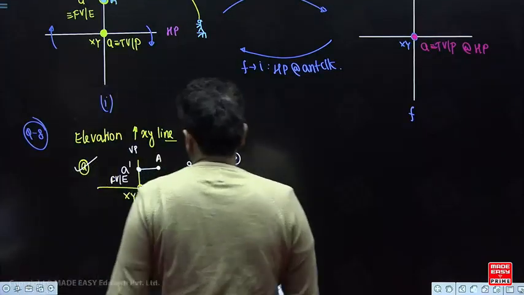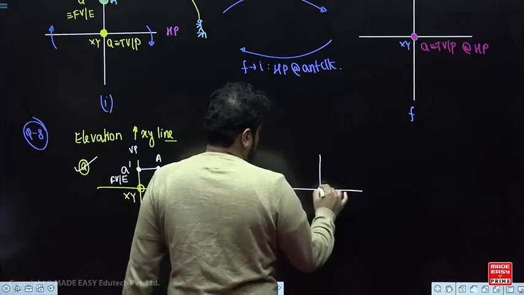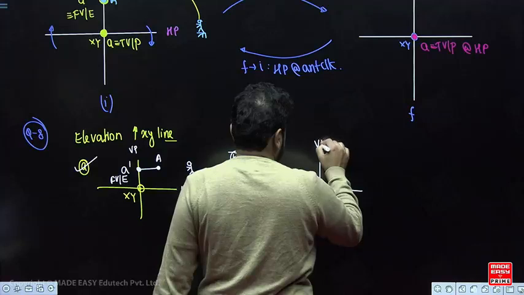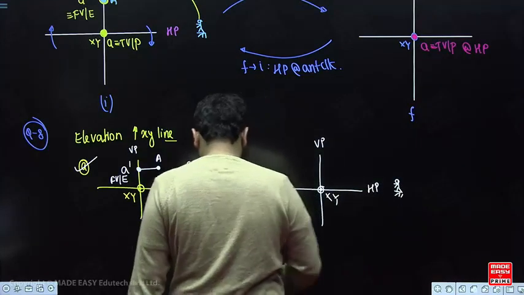Option B, second quadrant. If we take the point in second quadrant, this is VP, this is HP, this is the observer. Correct.